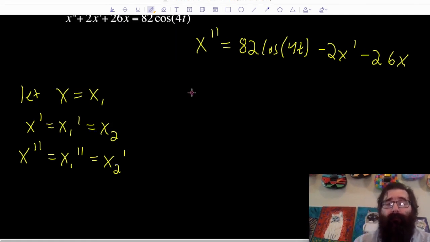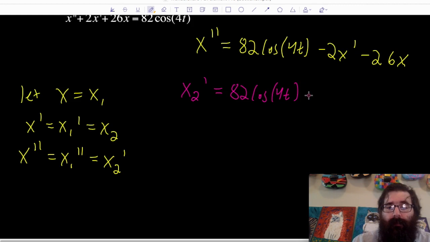And now I can go ahead and rewrite this. So x double prime, I'm going to replace that with x2 prime, so a first order, and then equals 82 cosine 4t minus 2 times x prime. Now I want to substitute x prime with x sub 2, minus 26 times x, but we're replacing x with x sub 1.